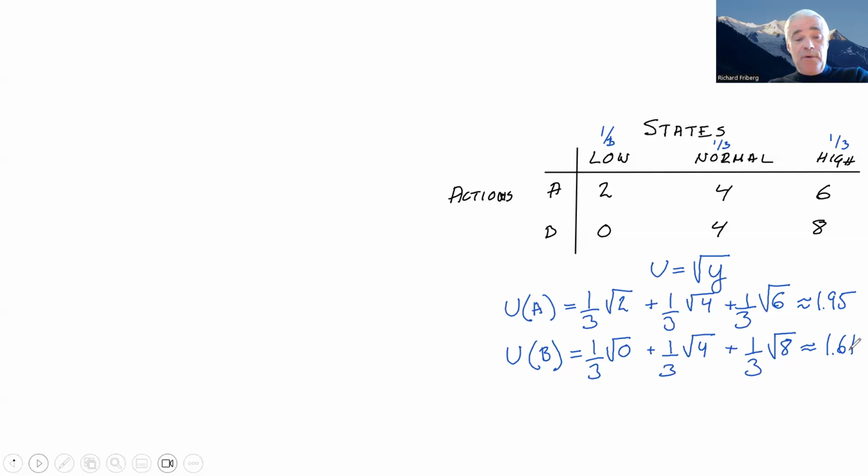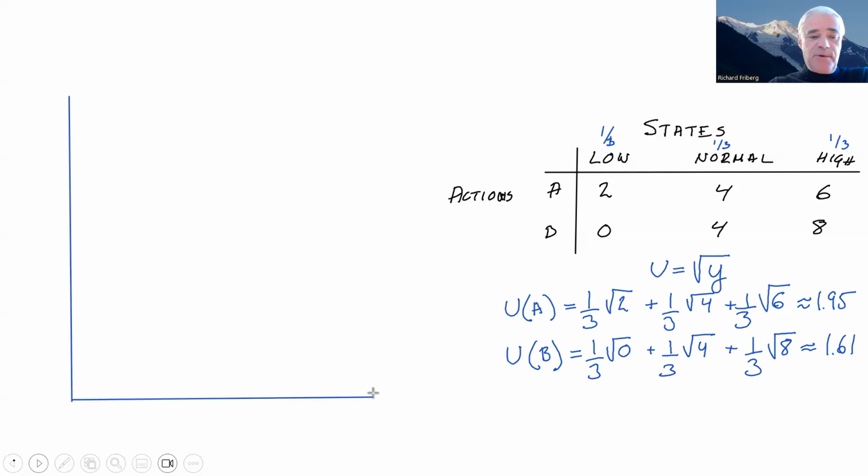Okay, so we can also illustrate this in a graph. Thinking of the case where, rather than just 3 points, we could, for simplicity, think of a continuous set of states when we're drawing the graph.